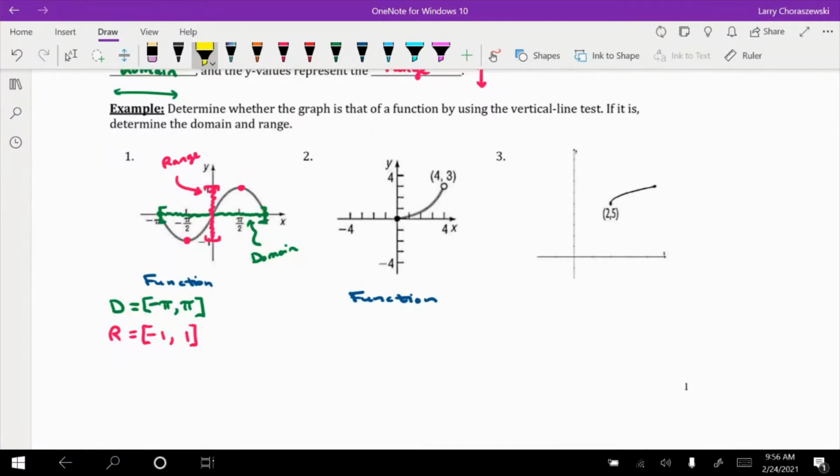And I know kind of the white elephant in the room here is that open circle. We would consider something like this a hole in the graph, meaning that the point doesn't exist. Let's say DNE, does not exist.